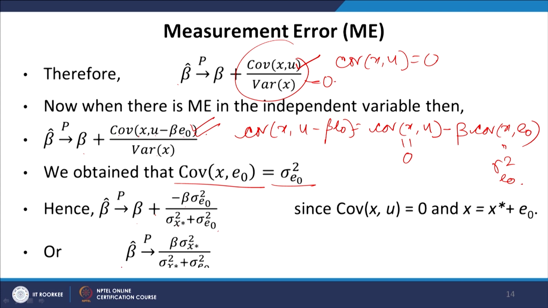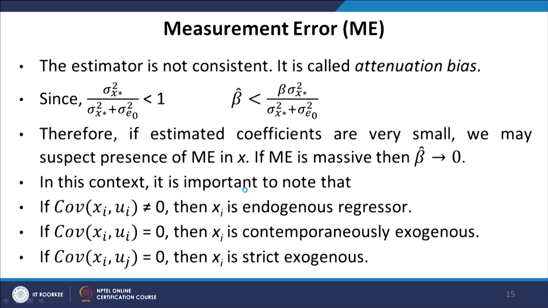Therefore, beta hat with probability limit tends to this expression, that is, we have just rearranged terms, fair enough, and it is not actually tending to beta. The estimator is not consistent and it is called attenuation bias.